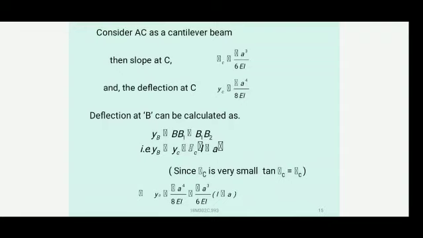Since theta C is very small, tan theta C is equal to theta C. YB is equal to Wa to the power of 4 by 8EI plus Wa cube by 6EI into L minus a.